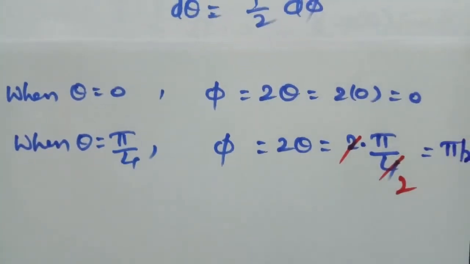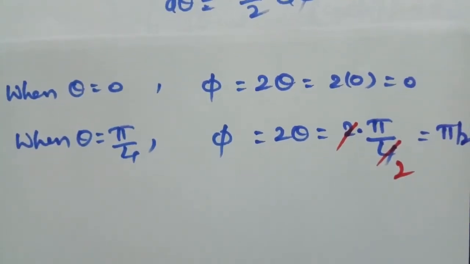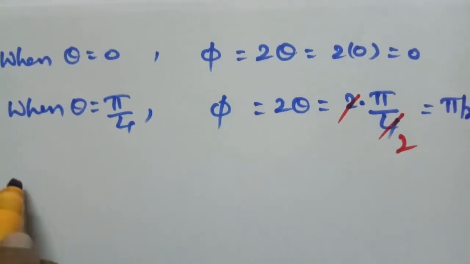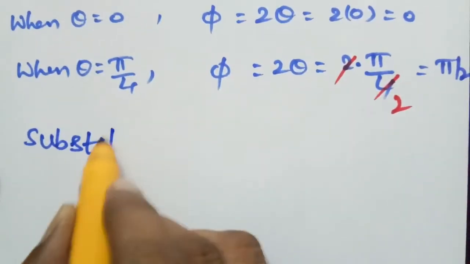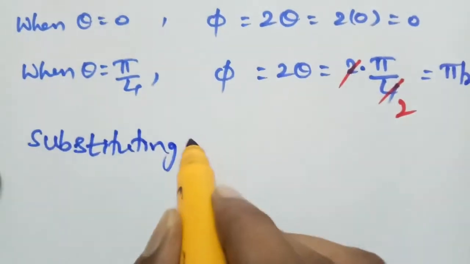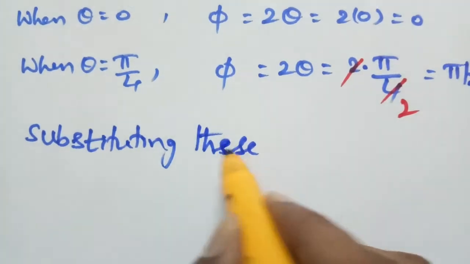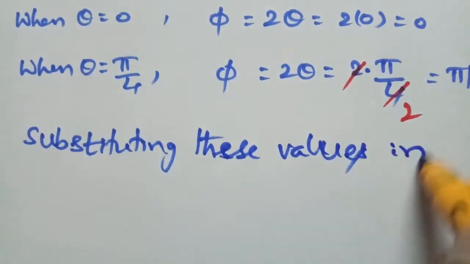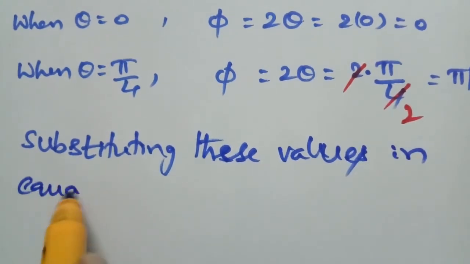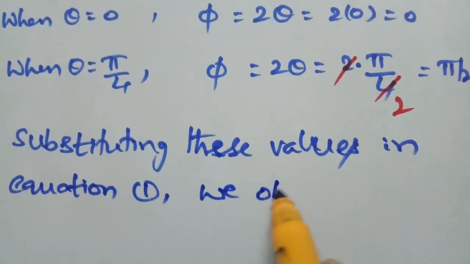So the limits become 0 to pi by 2 when the limits of theta are 0 to pi by 4. Therefore substituting these values in equation number 1, we obtain.